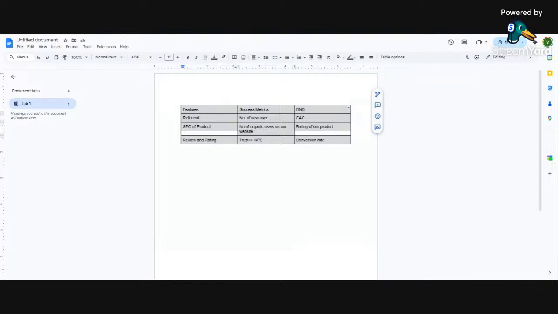So the DND are such metrics that we do not want to disturb at all by implementing a new feature or product in our product. I hope it is clear. Just let me know if you have any follow-up question on this. I can definitely take that up.